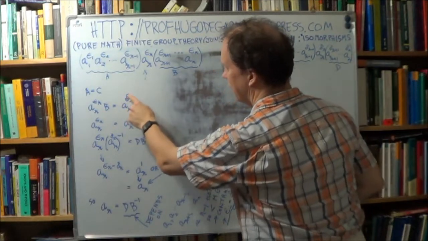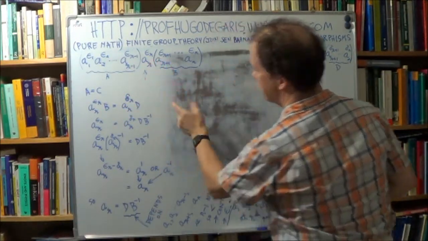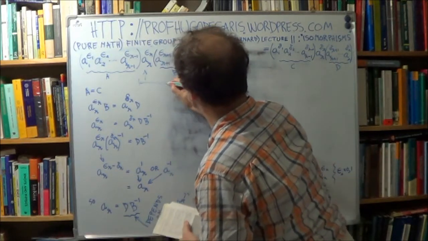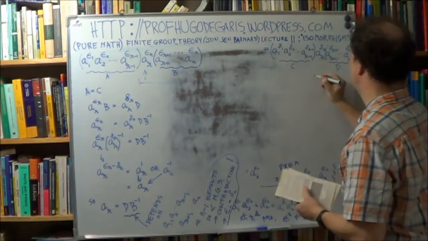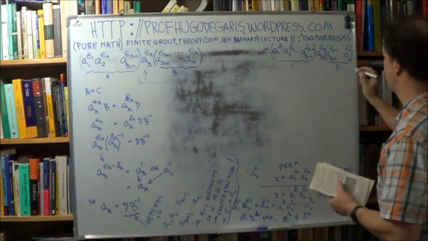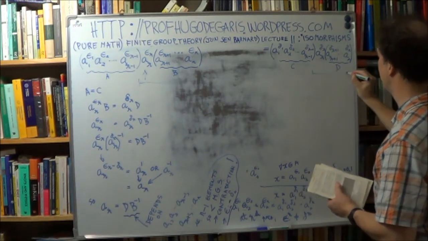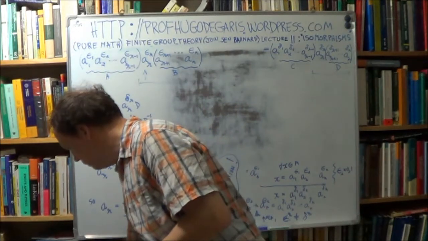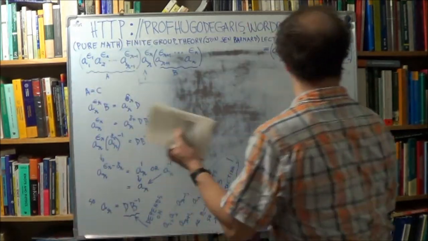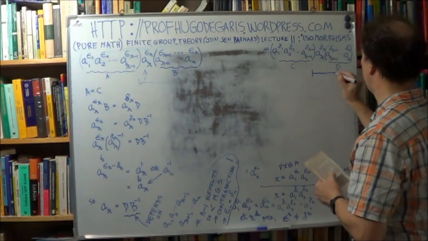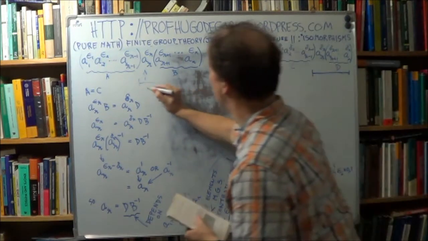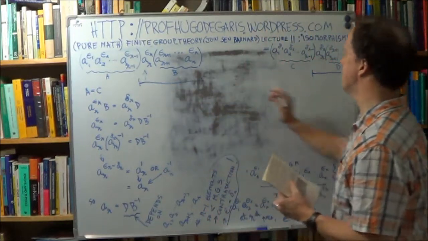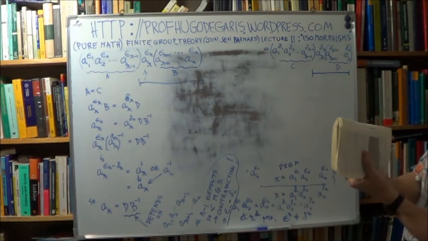So if I draw it from here to here, you can see that. So this and this will be equal, right?